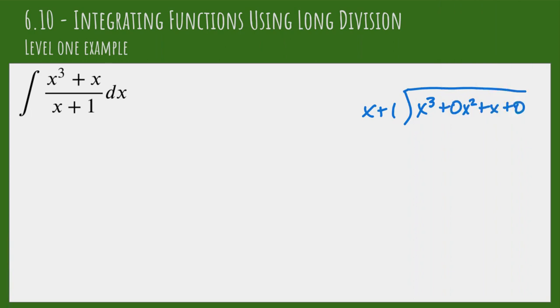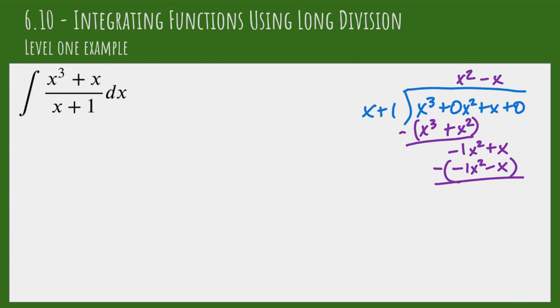So x goes into x cubed, x squared times. So we get x cubed plus x squared. We subtract, get negative 1x squared plus x. So it's going to be minus x minus 1x squared minus, sorry, that should be a plus x there, minus x.